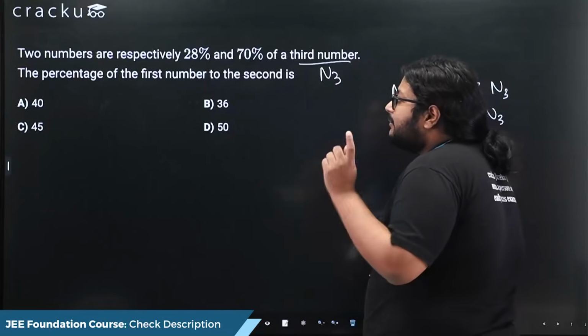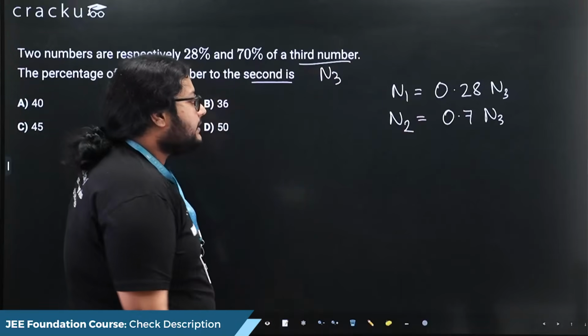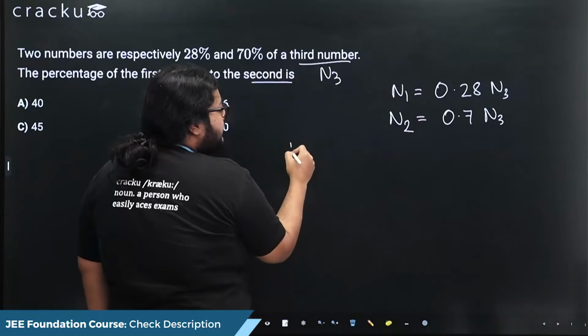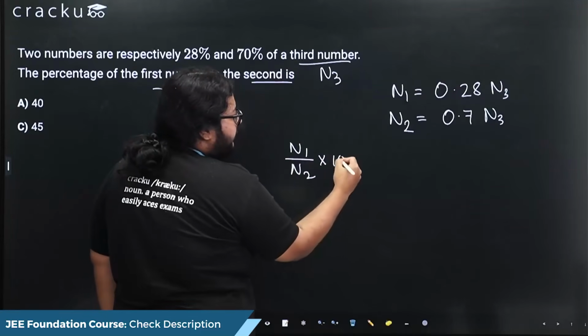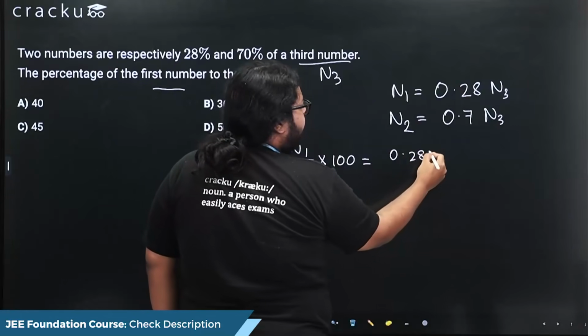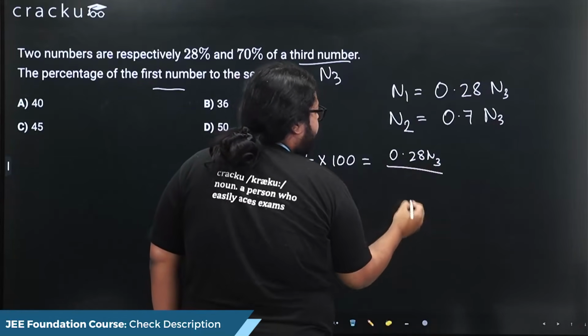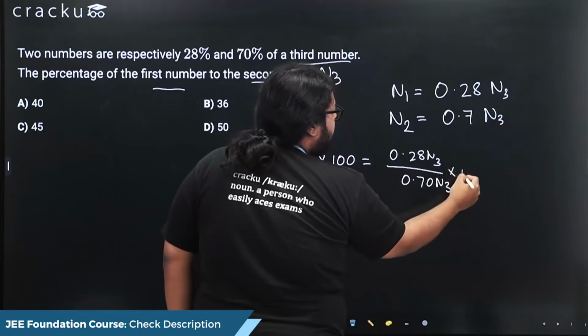Percentage of the first number to the second. How do I calculate the percentage? The percentage of the first number to the second is the first number divided by the second number, into 100. So this is 0.28 n3 divided by 0.70 n3, into 100.